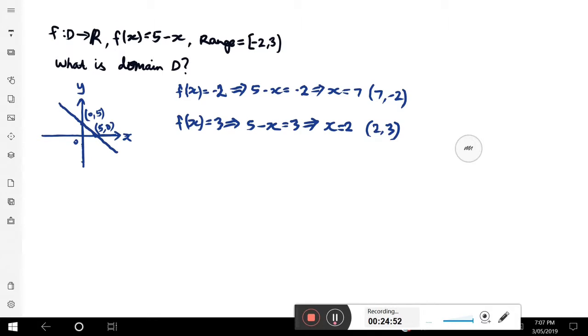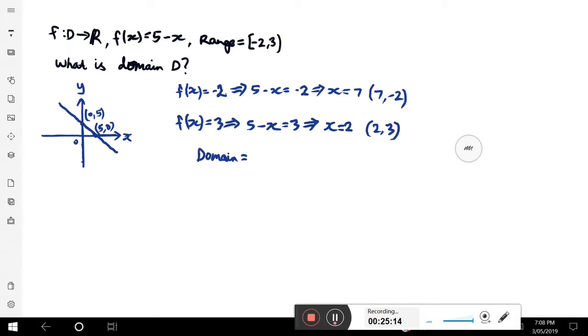What is the domain? You can actually find a domain without even needing to graph it at all. Really, you've got your answers right there. Your domain is equal to 2 to 7. Now which one's inclusive, which one's not?